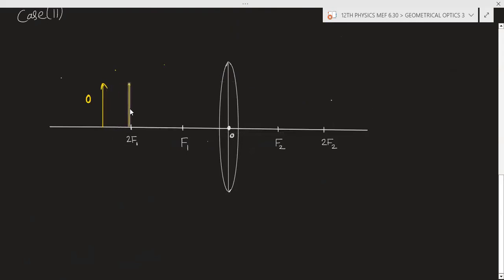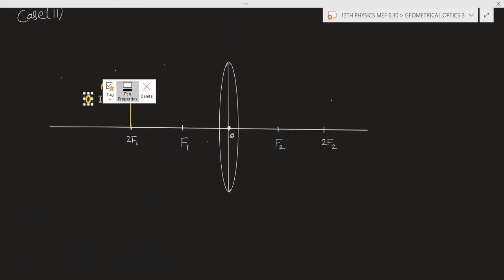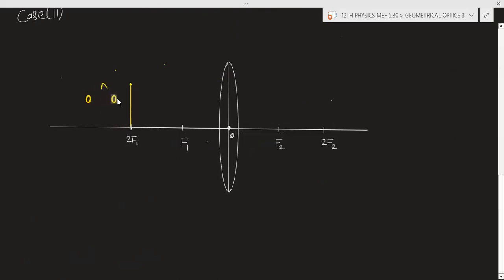So now I am placing the object at 2F1. This is the object now at 2F1 this time.